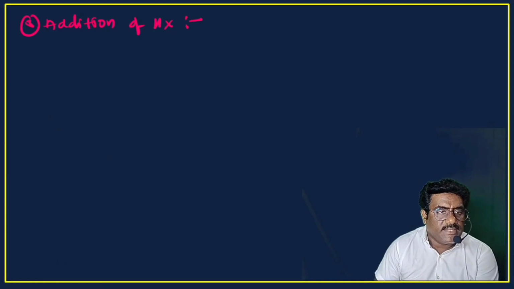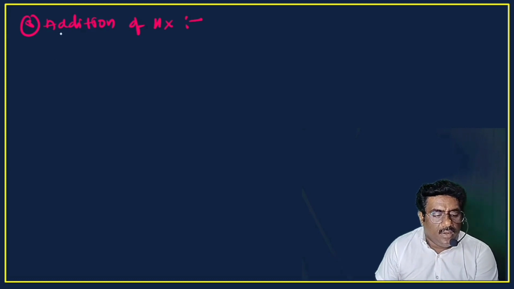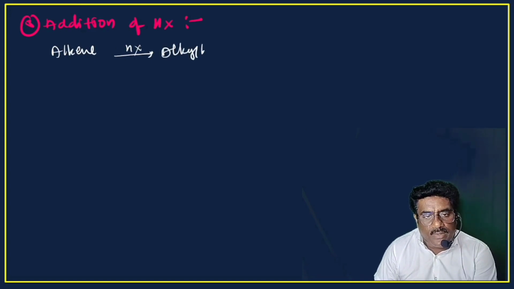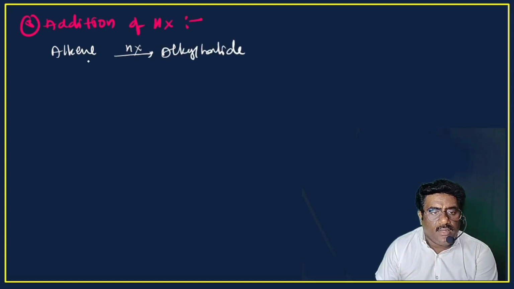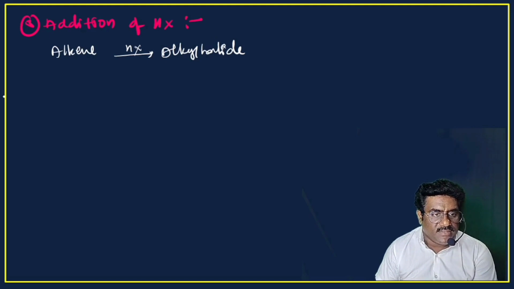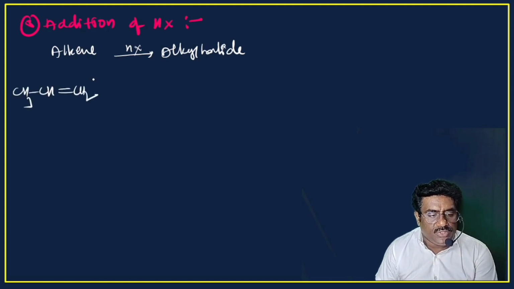addition of HX. See, alkene in the presence of HX gives alkyl halide. Alkene with HX gives alkyl halide. For example, CH3-CH=CH2.